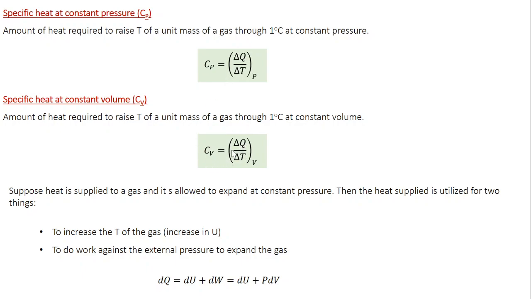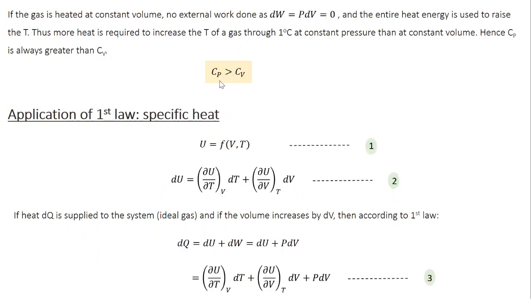Since heat is in the numerator, when the value of heat is less, the value of specific heat is also less. So consequently, the value of Cv is always less than the value of Cp. So Cp is greater than Cv.